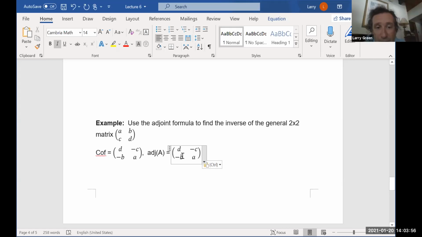So that means we switch the B and the C. That becomes a C. This guy becomes a B. Any questions on that? And then finally, if we want the inverse, the big theorem said that A inverse is 1 over the determinant times the adjoint. So let's do that.